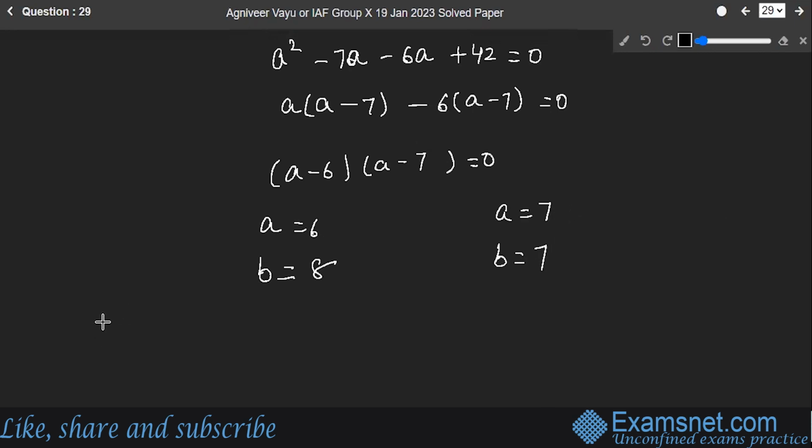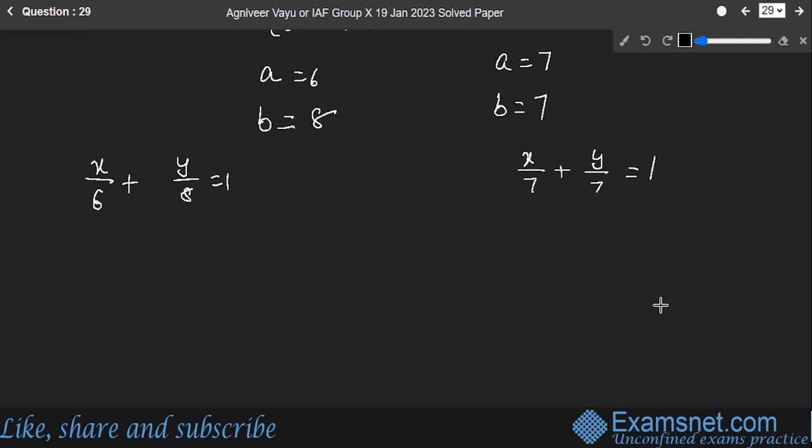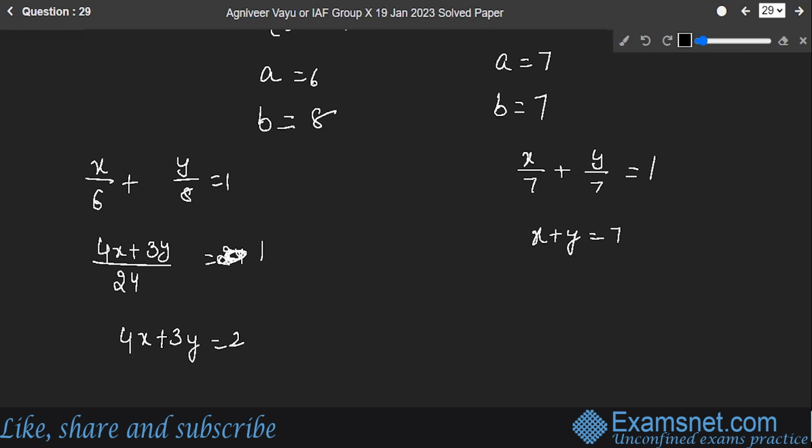Okay, so there are two possible equations now: x upon 6 plus y upon 8 is equal to 1, or x upon 7 plus y upon 7 is equal to 1. From here, the equation of the line will become 4x plus 3y is equal to 24, or 4x plus 3y minus 24 is equal to 0, and here you have x plus y is equal to 7.